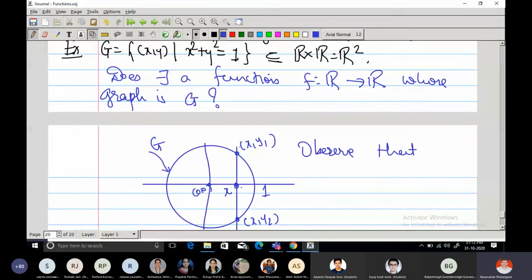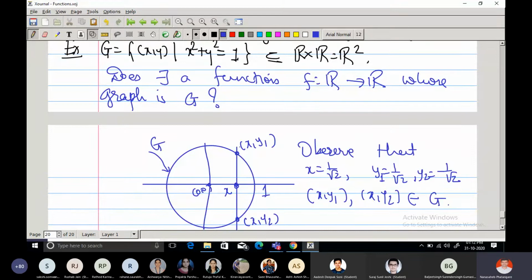Observe that if I take some point here, x is equal to 1 by root 2 and y1 is equal to 1 by root 2, y2 is equal to minus 1 by root 2. Then x, y1 and x, y2 both are in G. Is it true?